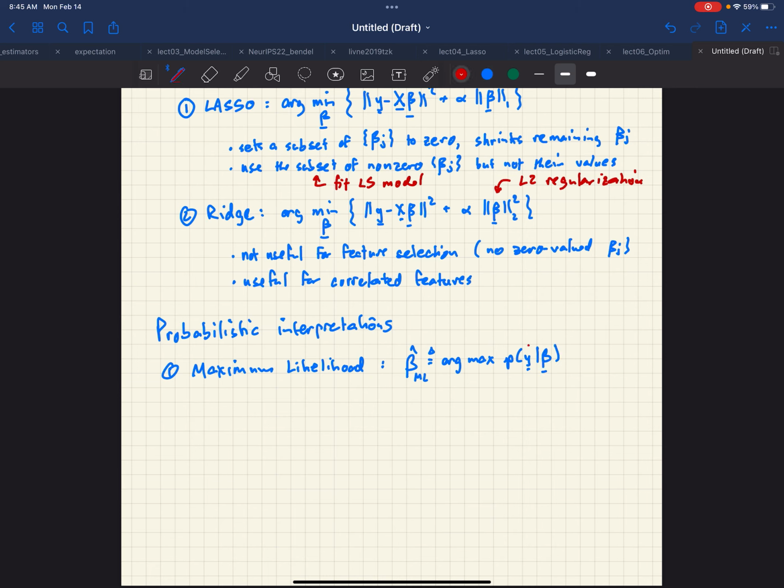So we think of y as fixed data, and this thing we think of then as the likelihood. And we can also write this as the argmin of the negative natural log of the likelihood.